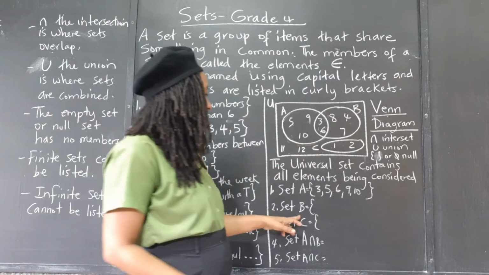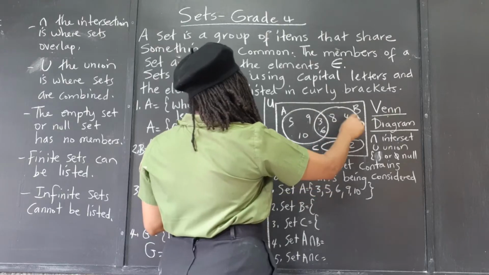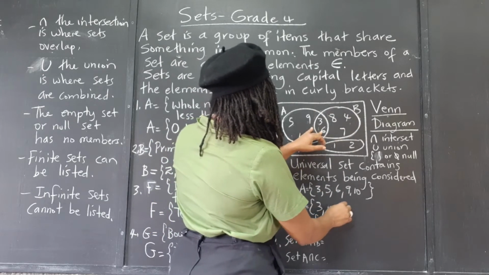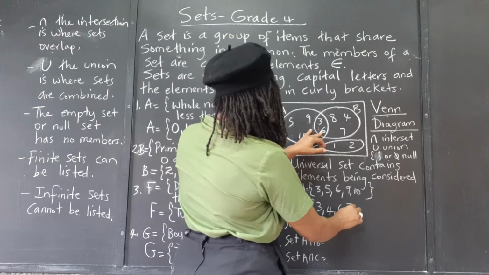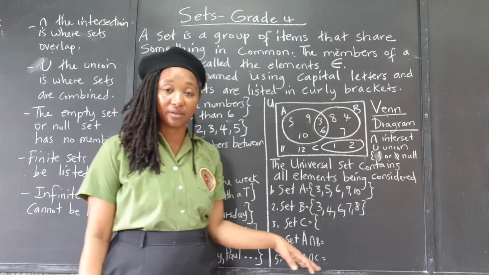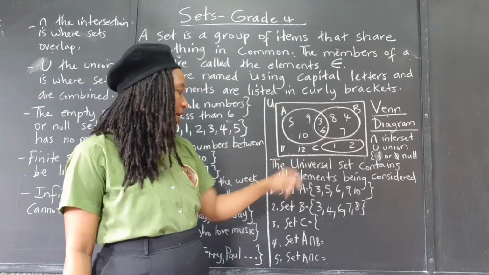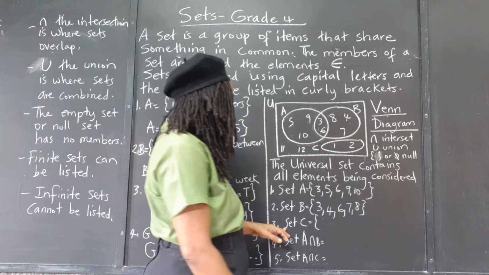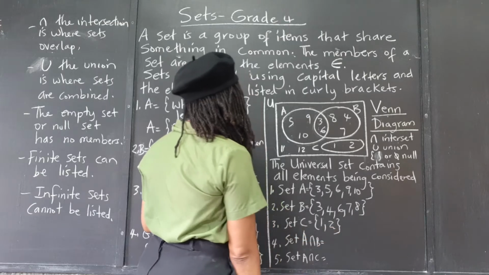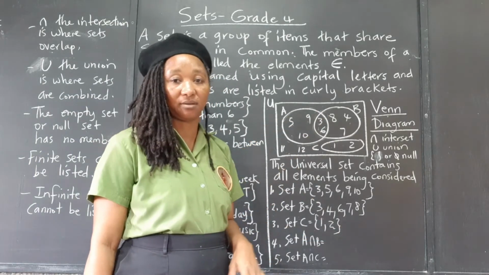For set B, everything in set B would be the 3, the 4, and we usually put them in order, right? Usually. All of these are elements of set B, including the ones that overlap with set A. The elements of set C would be 1 and 2. 11 and 12 are not elements of A, B, or C, right?